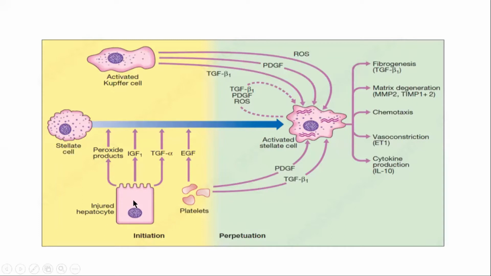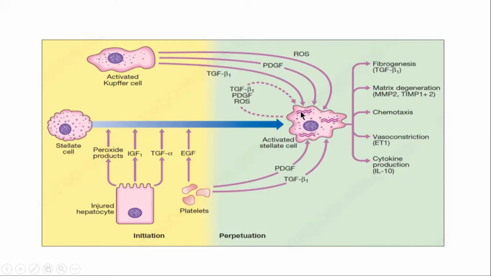The injured hepatocytes release peroxide products, insulin-like growth factor, transforming growth factor alpha, epidermal growth factor, and also transforming growth factor beta 1, which causes activation of stellate cell, and it also can be activated directly by activated Kupffer cell, which is a macrophage situated in the liver, secreting transforming growth factor beta, platelet-derived growth factor, and the active oxygen molecule.